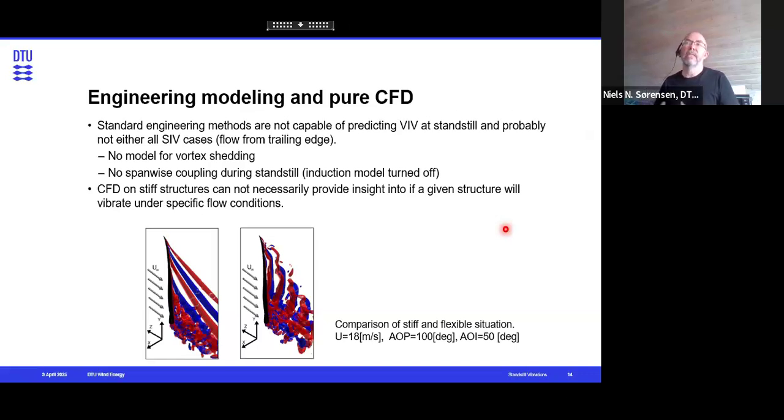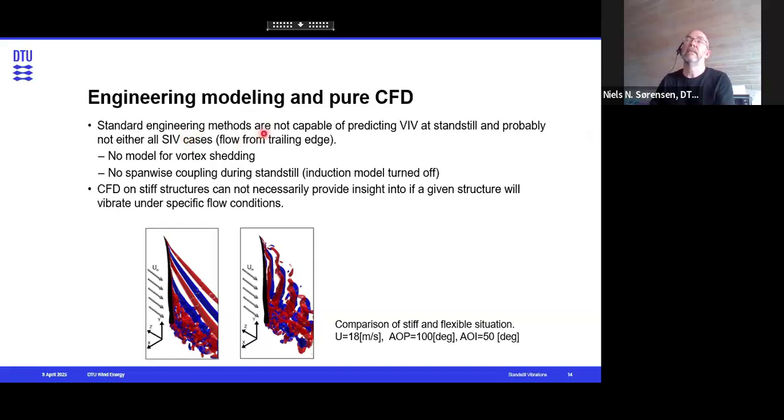Basically, the vortex shedding is not modeled correctly in typical engineering aeroelastic codes, and therefore we can't predict vortex-induced vibrations. We could potentially predict stall-induced vibrations for some cases.